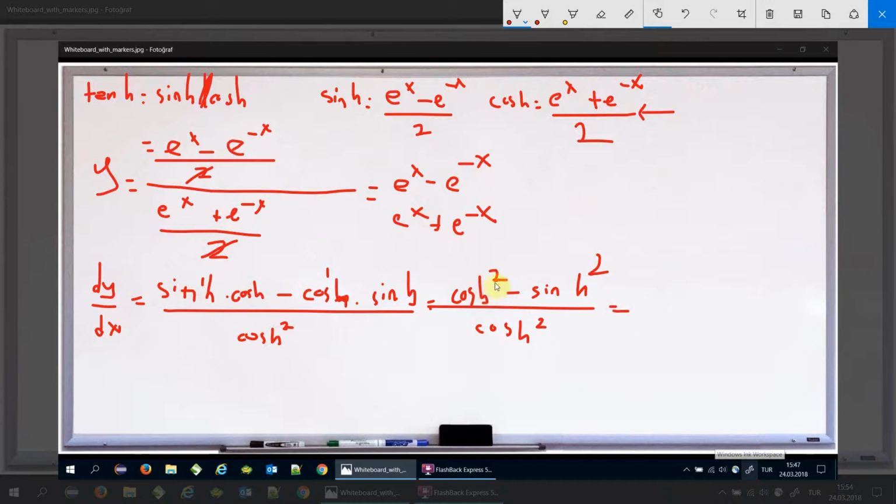We can separate these values like that: cosh squared over cosh squared minus sinh squared over cosh squared. This is equal to 1 minus, and sinh over cosh value is equal to tanh.